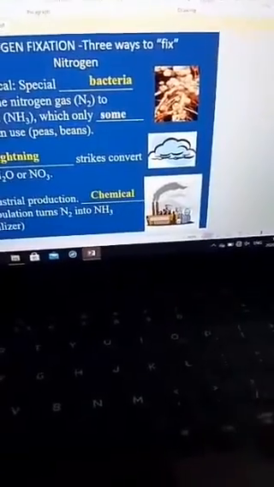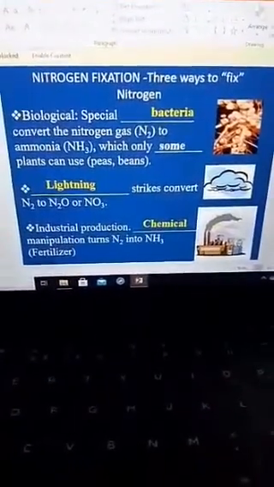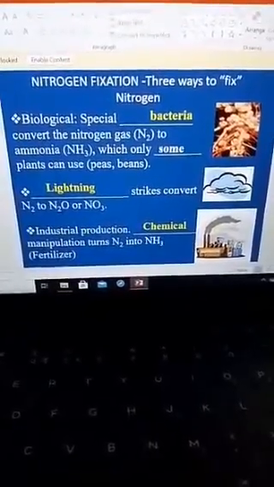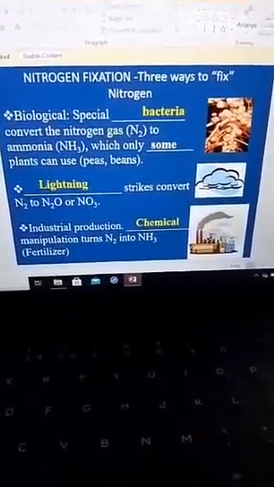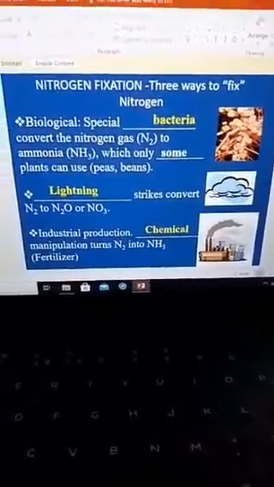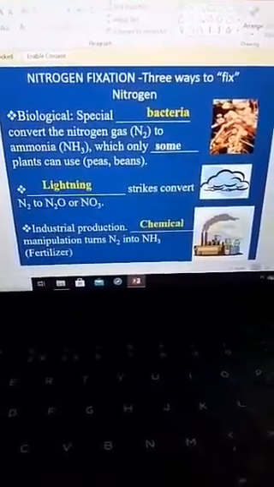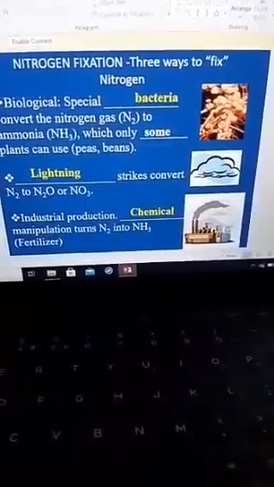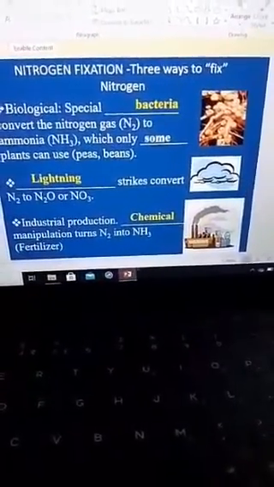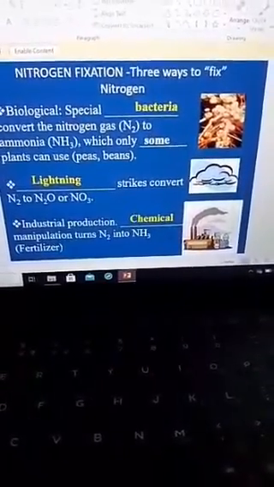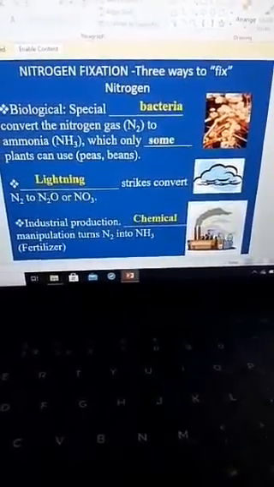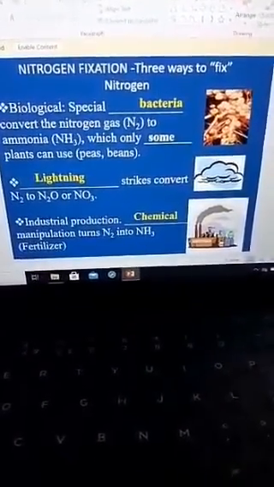Now, you can see on this slide, what we're interested in is biological nitrogen fixation. Forget about the lightning and the chemical issues, but the biological nitrogen fixation. As you can see on this slide, they are showing you nodules on the root of the plant on the right-hand side, wherein you have got bacteria which are able to fix nitrogen.